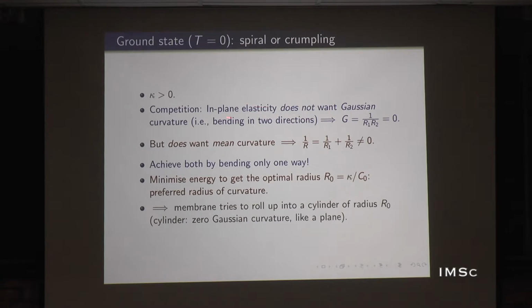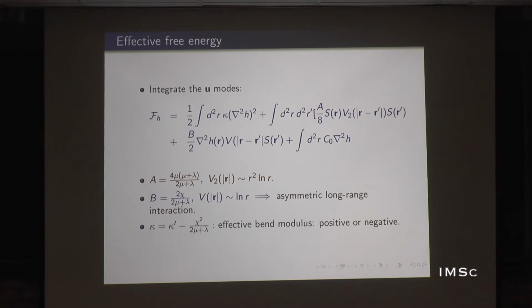So, there will still be a competition between these two facts. In-plane elasticity does not want Gaussian curvature, because this is a long range term. If you create a global Gaussian curvature, that costs a lot of energy through this.